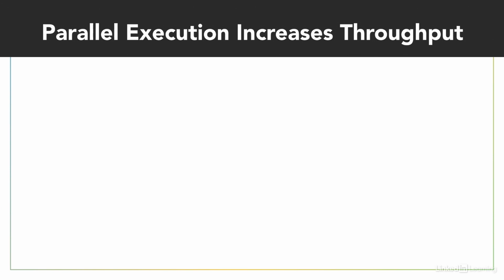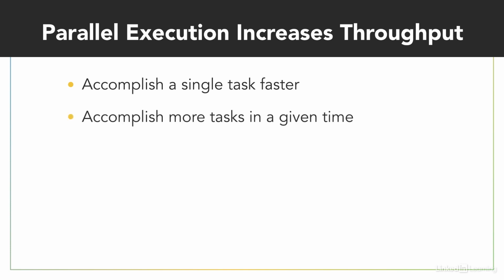But that extra work can be worth the effort because, when done right, parallel execution increases the overall throughput of a program, enabling us to break down large tasks to accomplish them faster, or to accomplish more tasks in a given amount of time. Some computing problems are so large or complex that it's not practical or even possible to solve them with a single computer.